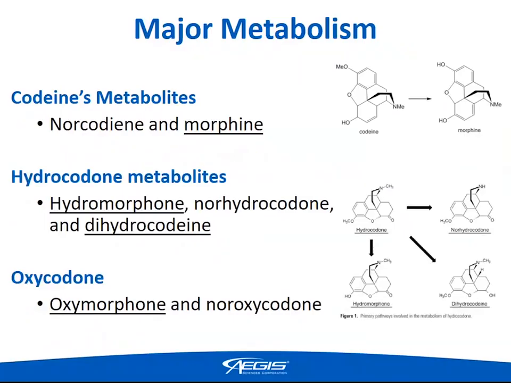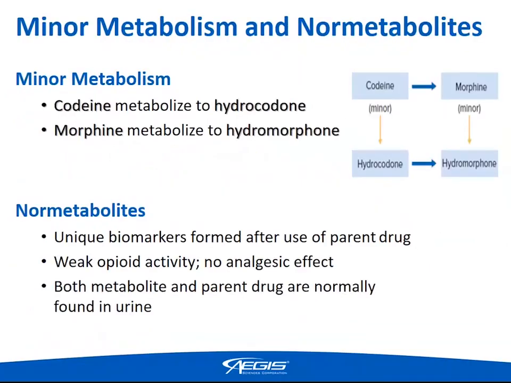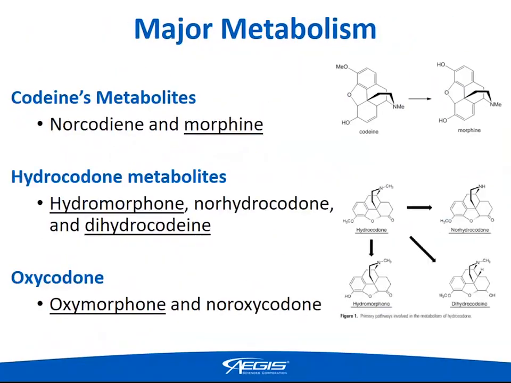In phase 2, metabolism takes place by glucuronidation, which causes the substance to become more water-soluble and allows for excretion from the body. Two major metabolites of codeine are norcodeine via CYP3A4 and morphine via 2D6 metabolism.